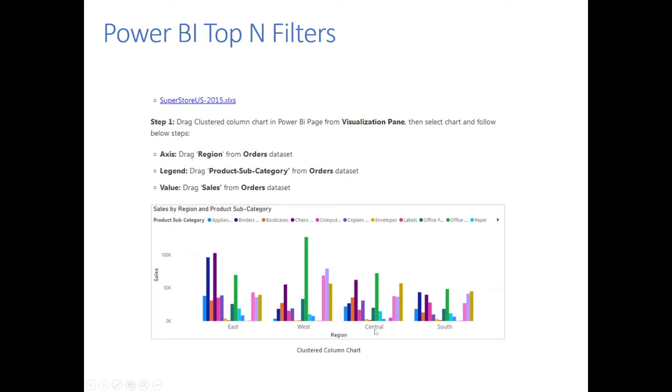That's why you notice here, these are the regions. And for the legend, we drag product subcategories. So these are the product subcategories. And for value, the values that are plotted here are actually from sales. So this will be the appearance of the clustered column chart.